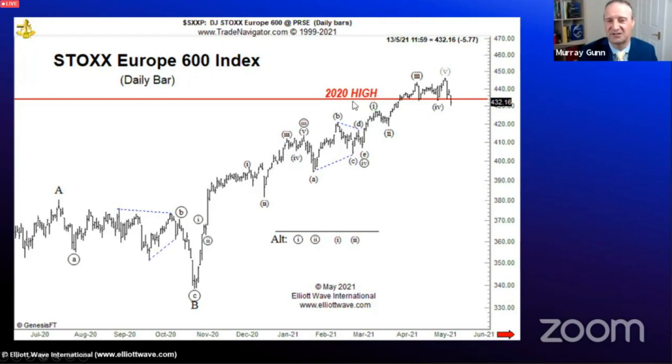But what's really interesting is that it's gone above its 2020 high, then the 2020 high held as support once, it then held as support twice, which is normally bullish, but just today it's dropped back down below its 2020 high.